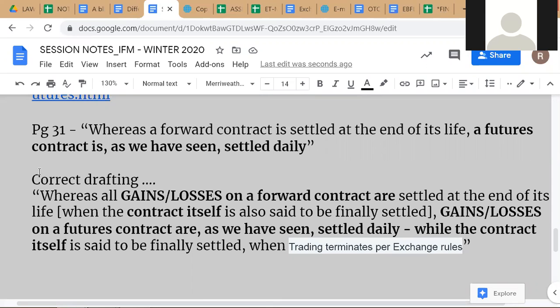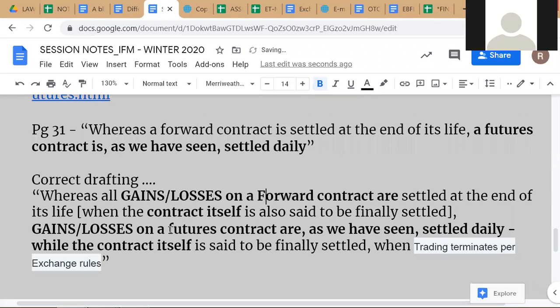So I want to make a very fine distinction, which they have not made in the book, between the settlement of gains and losses on a particular contract, whether forward or futures, versus the settlement of the contract itself.